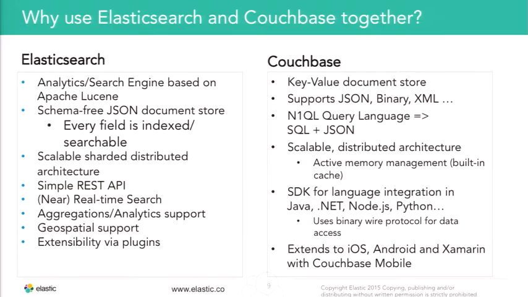like Couchbase. There are numerous use cases where Couchbase is the right backend for a certain application. So you want to store your data in Couchbase, but at the same time, you want to index the data in Elasticsearch so you can search through it.